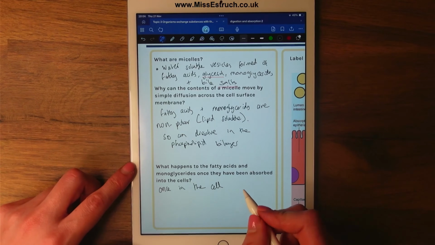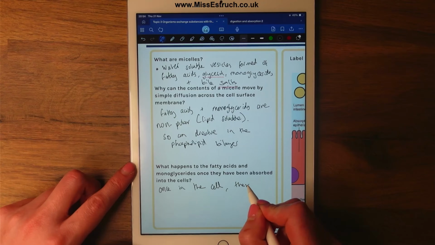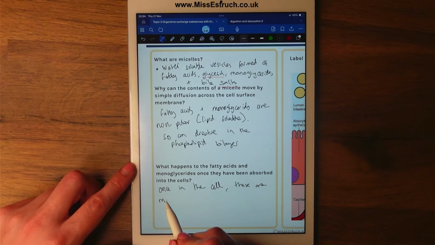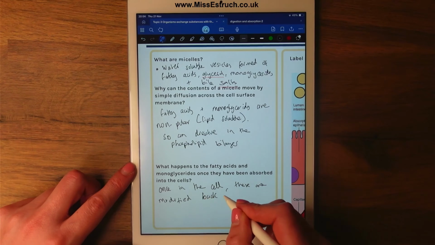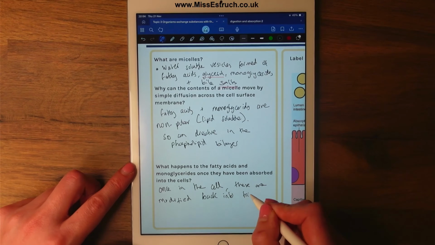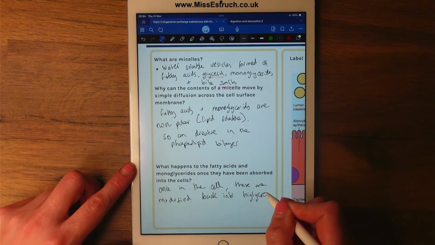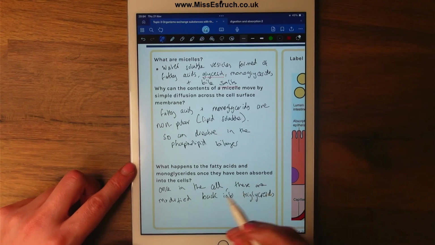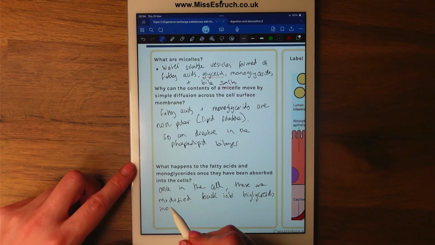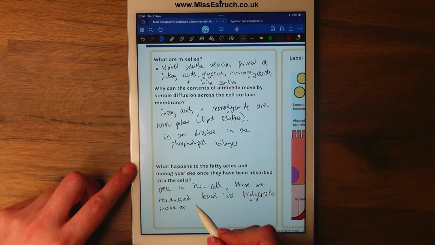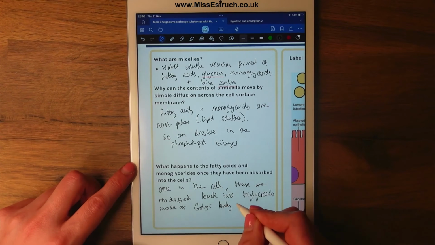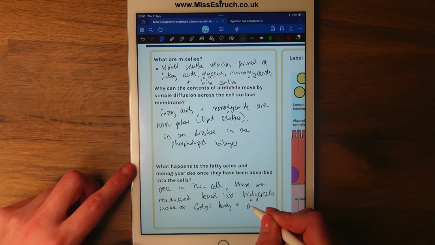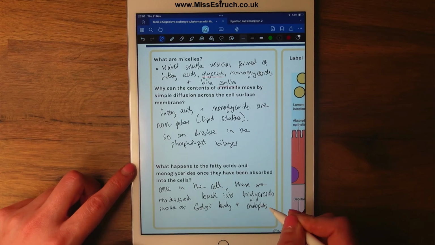Once in the cell, these are modified back into triglycerides. And that's done inside the Golgi body, and also the endoplasmic reticulum.